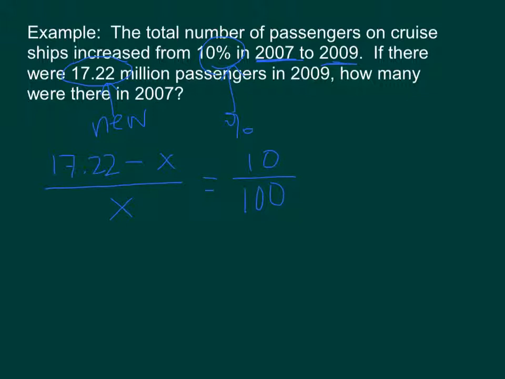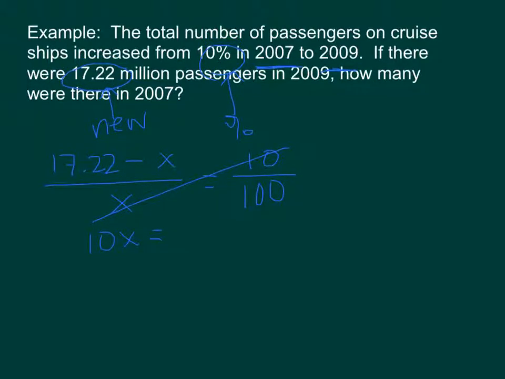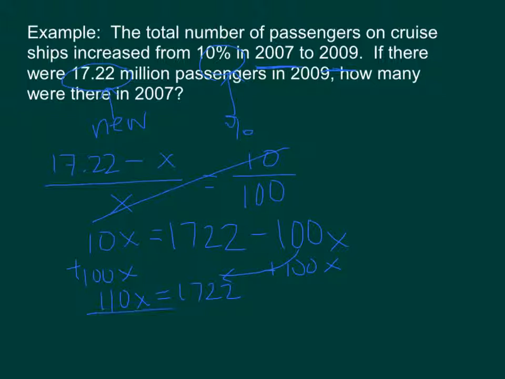This gives me 10x, and over here I have to remember to distribute, and so I get 1722 minus 100x. I combine the x's, so I move this 100x over to the other side by adding 100x. So I have 110x equals 1722.